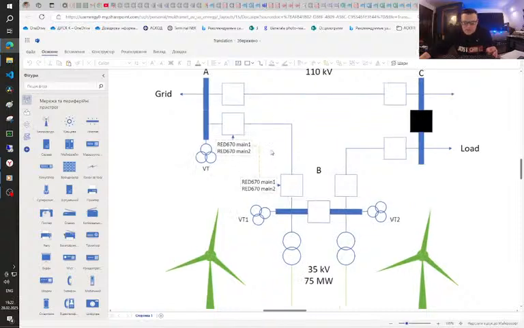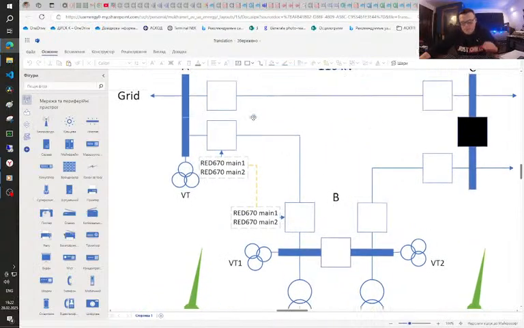Let's dive a little bit into this line. I want to talk a little bit about relay protection philosophy.